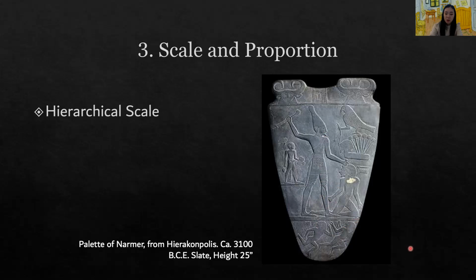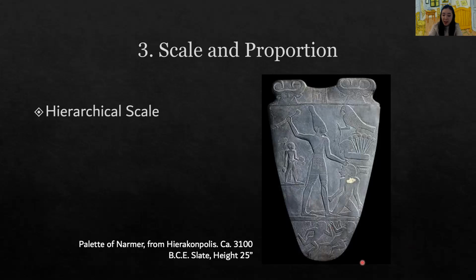Now let's focus on the size of the figures. Who is the biggest one in this palette work? Narmer, that's right. Narmer is obviously larger than the other figures in this palette because he is the most important figure in this work of art.